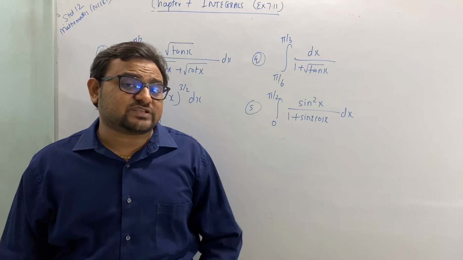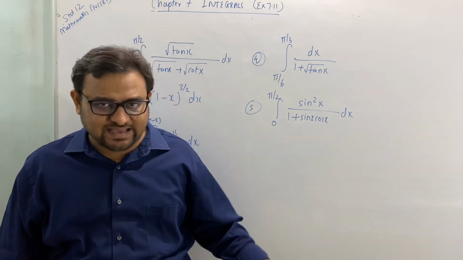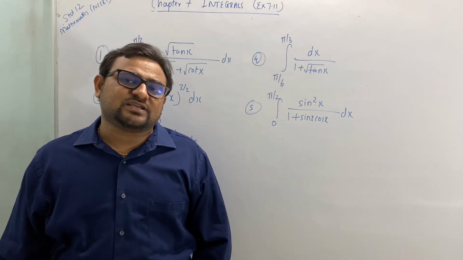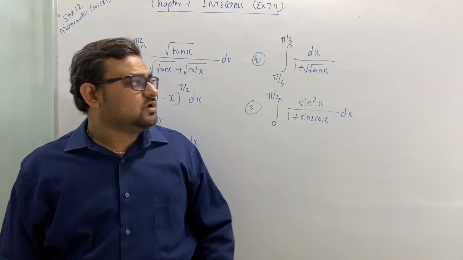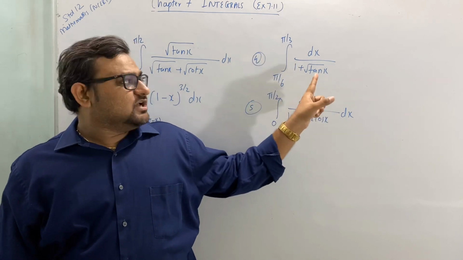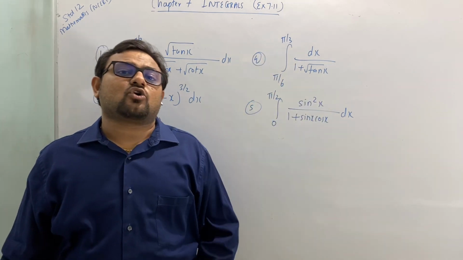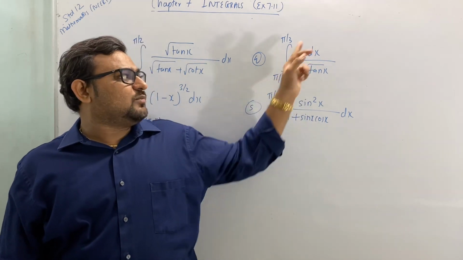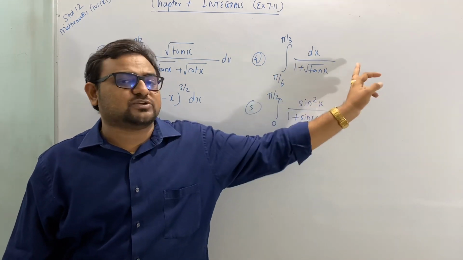Question 4, pi by 6 to pi by 3. So when you use a plus b minus x, pi by 6 plus pi by 3 is equal to pi by 2, so pi by 2 minus x. So this will be equal to cot x. Right? So I plus I is 2I, 1 upon 1 plus root tan x plus 1 upon 1 plus root cot x.